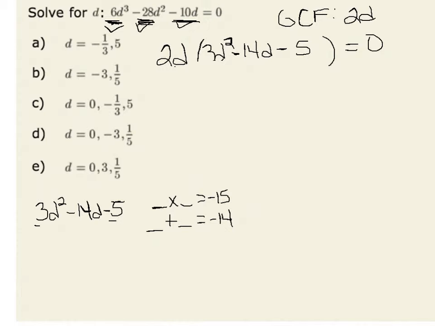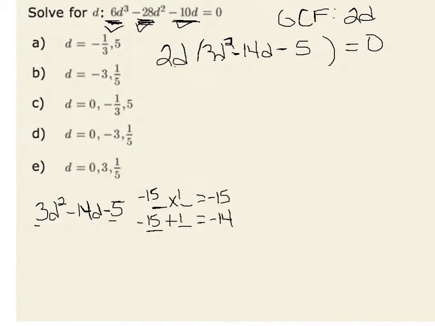And I want these same two terms that when I add them together, I get that middle term, negative 14. So two terms that multiply to a negative 15 and add to a negative 14 would be negative 15 and 1, because negative 15 plus 1 is equal to a negative 14.